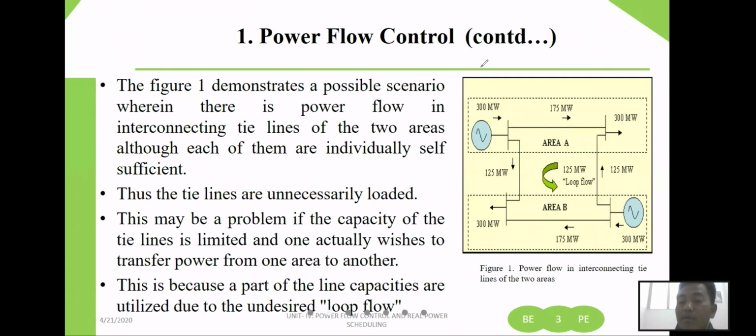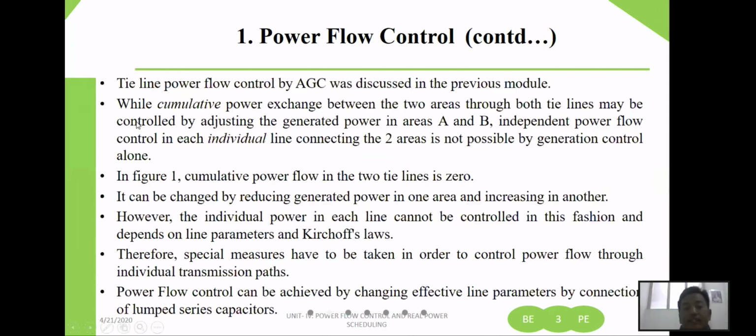It will control the power flow, but it will not see the individual capacity of a line. That's why it is written: tie line power flow control; AGC was discussed in the previous module, but it has a certain problem. While the cumulative power exchange between two areas through both tie lines may be controlled by adjusting the power in areas A and B, independent power flow control in each individual line connecting the two areas is not possible by generation control alone.